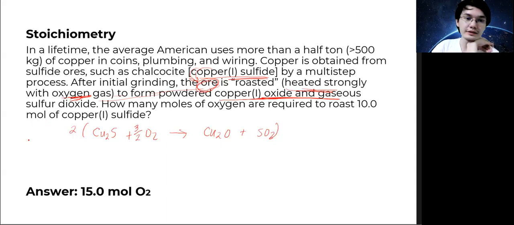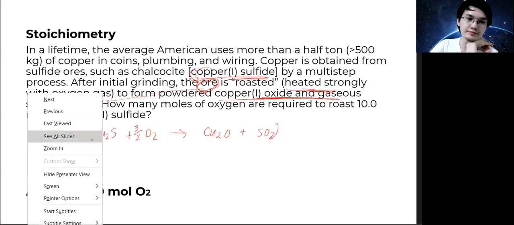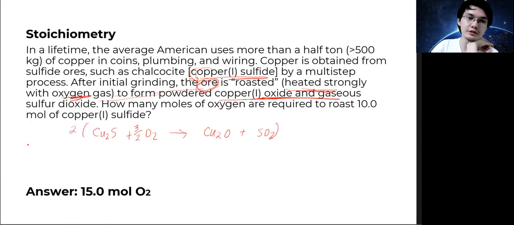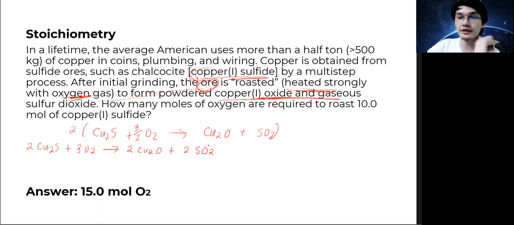Then we would get 2 moles of copper sulfide plus 3 moles of oxygen produces 2 moles of copper oxide, plus 2 moles of sulfur dioxide.